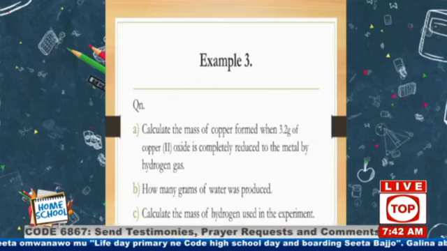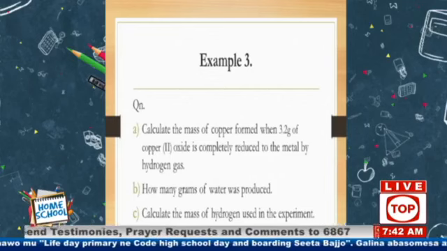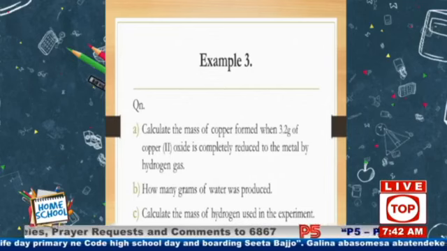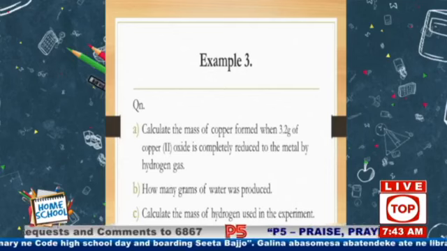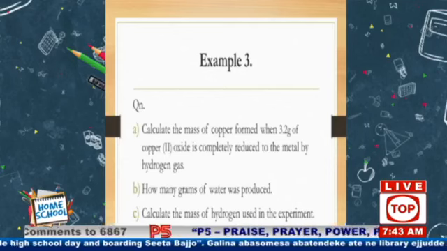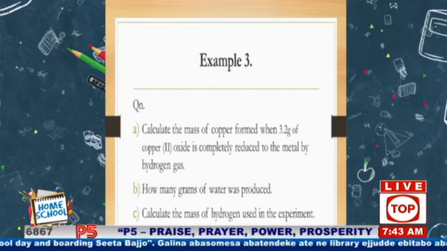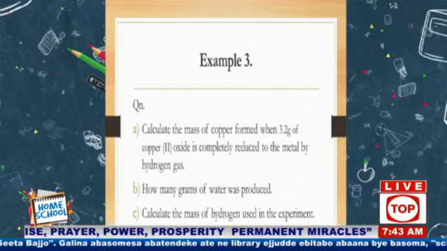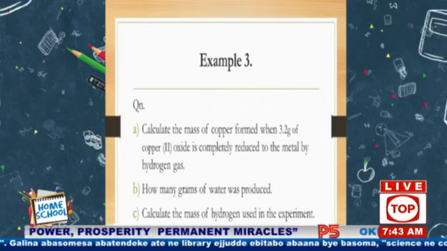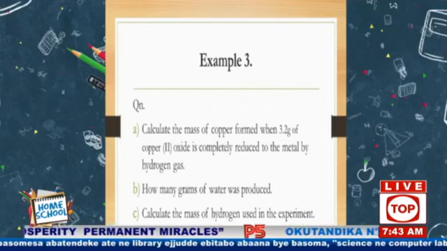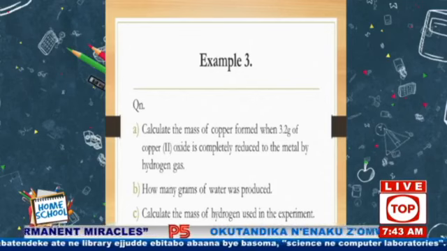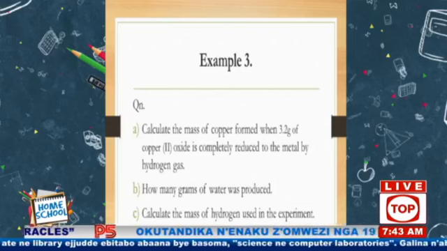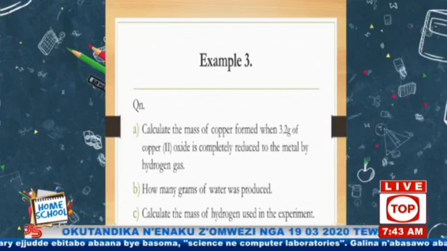The second question is saying how many grams of water was produced. The third one is saying calculate the mass of hydrogen used in the experiment. Those are the 3 things you have to look at very fast. But we are going to summarize them.